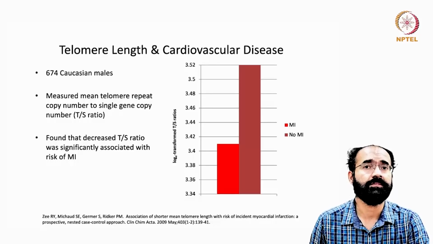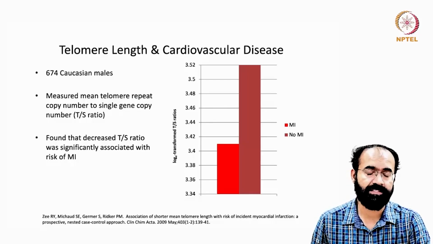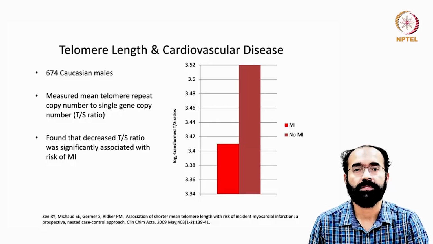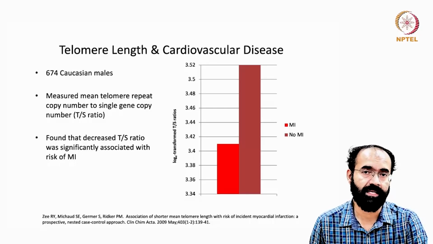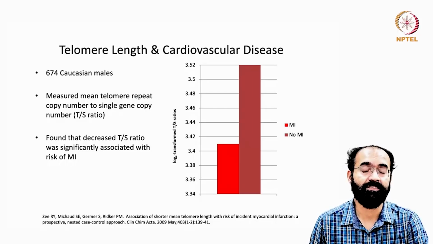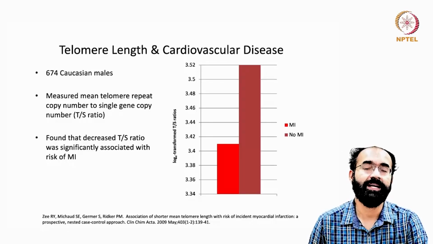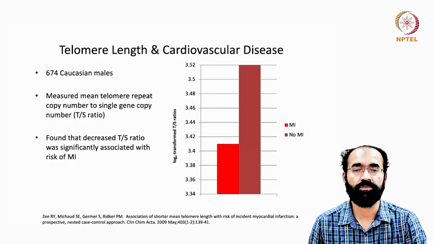So if 6000 is the length of the telomere, full length, around 1000 copies of repeat will be there. Or let us take one more example, say 12 kb is the telomere length: 12,000 divided by 6 is equal to 2000.